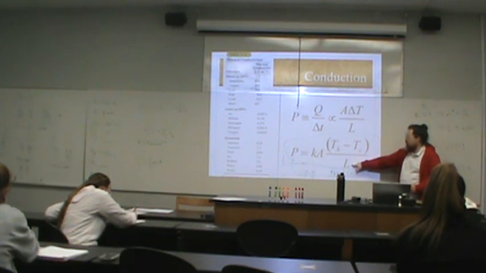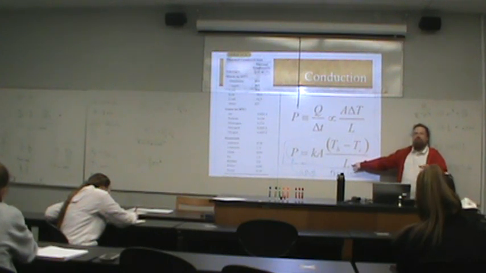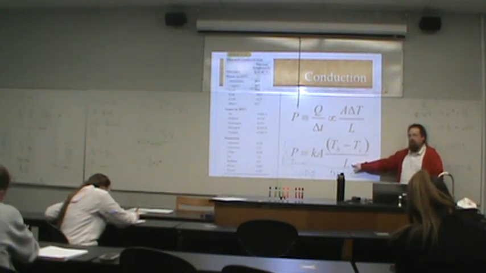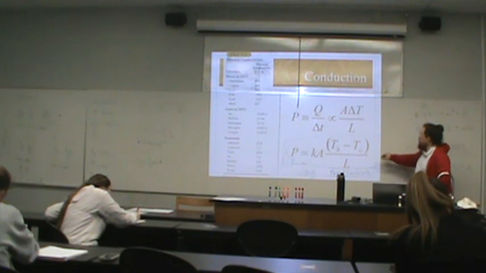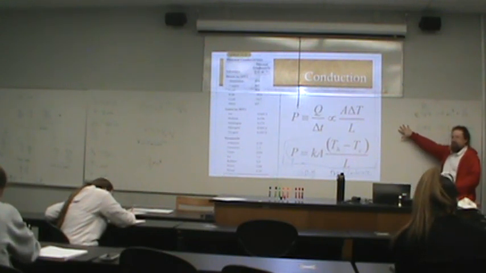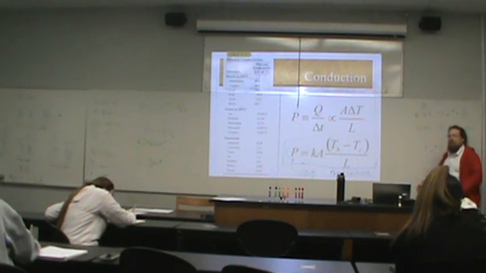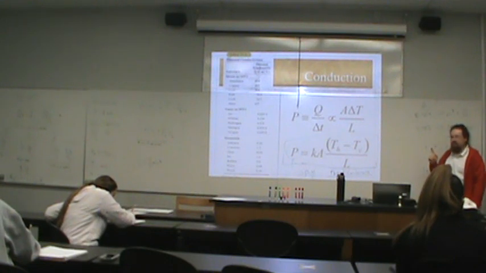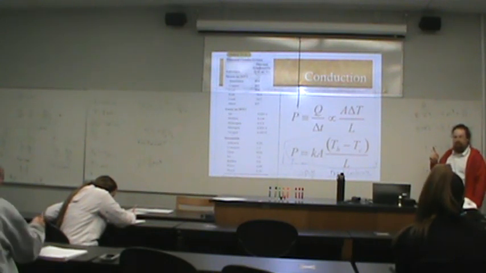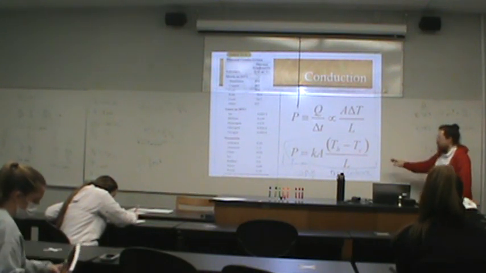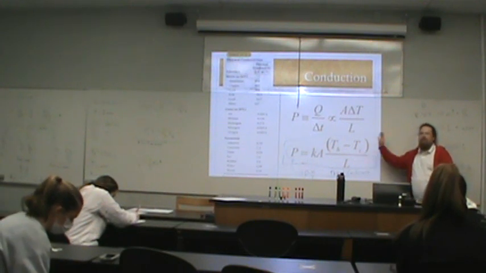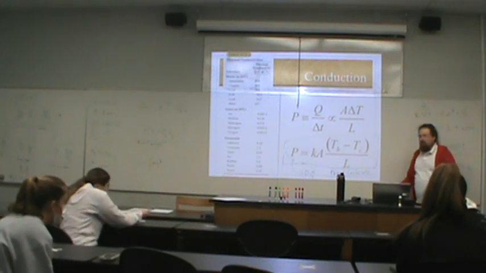Lastly, L is the length the thermal energy has to travel through. If you touch something with your fingertips, that length is just going to be the thickness of your skin. So a small number in the denominator makes the thermal transfer bigger.